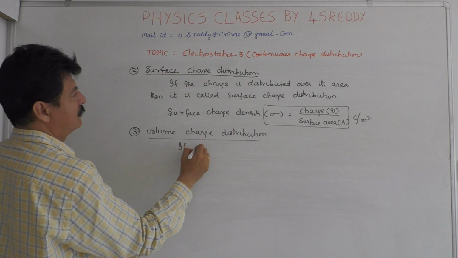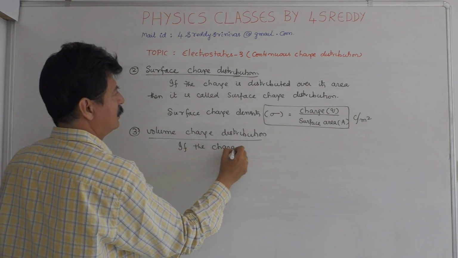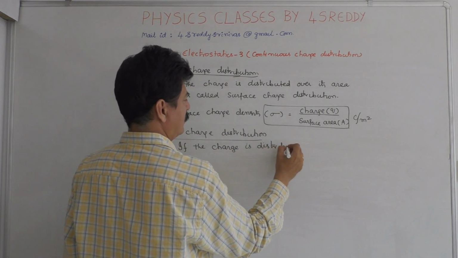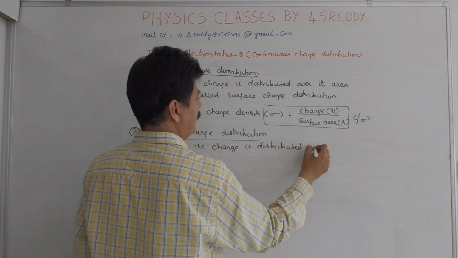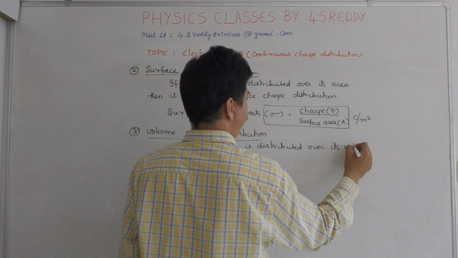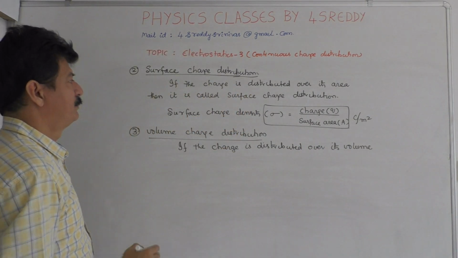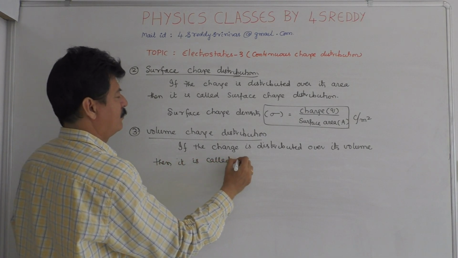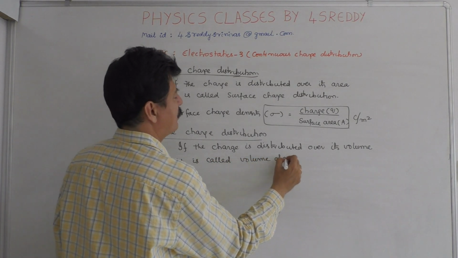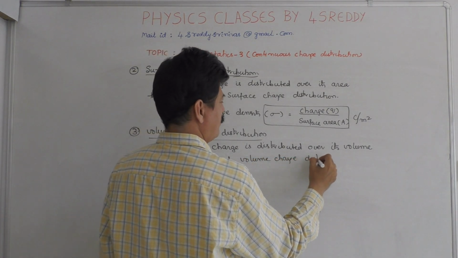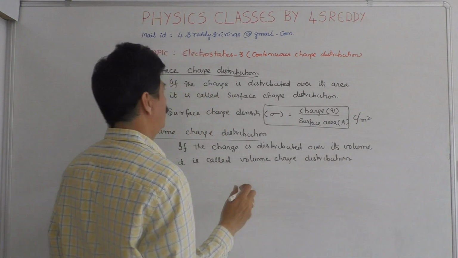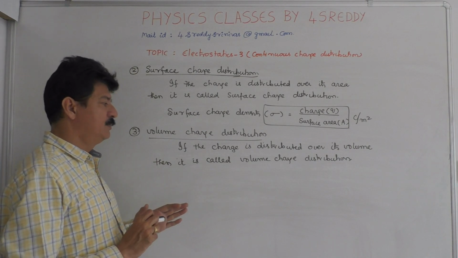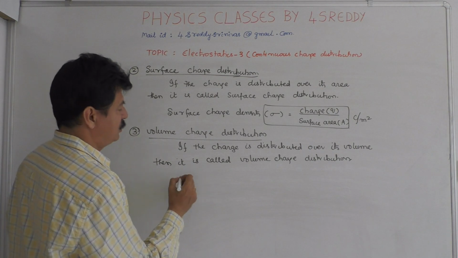If the charge is distributed over its volume, then it is called volume charge distribution.